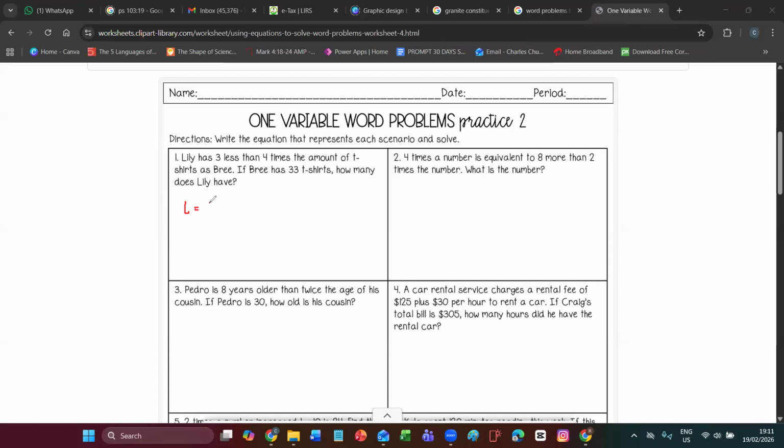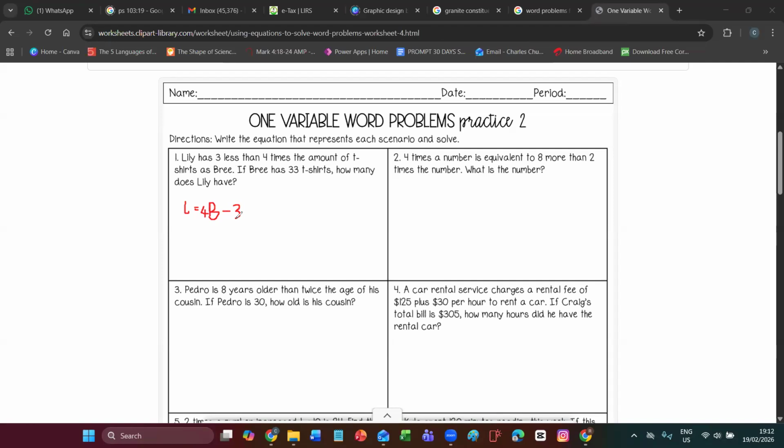If I use B to represent what B has, three less than four times is going to be 4B minus 3. Okay, so that's how I would interpret three less than four times.